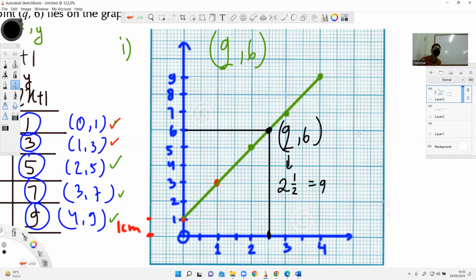Get the idea? So you just look at the point where the line presents, right? So when Y equals 6 here, what is the value of Q? This is the Q. And you can see that the Q is in between 2 and 3, which is 2.5 or 5/2. Okay, you can just use either decimal or fraction.